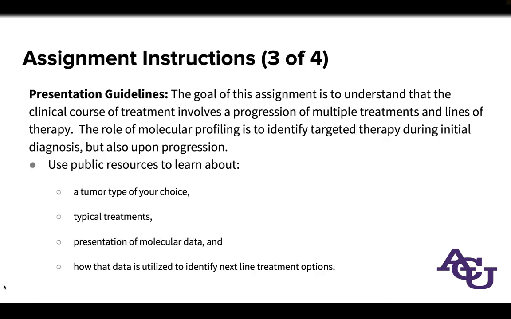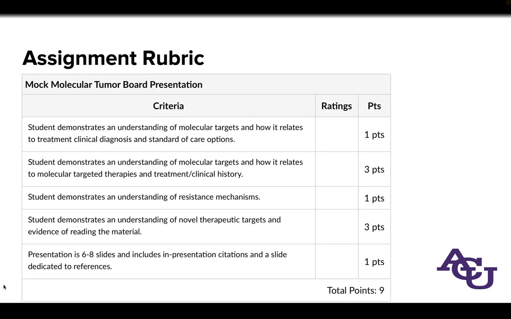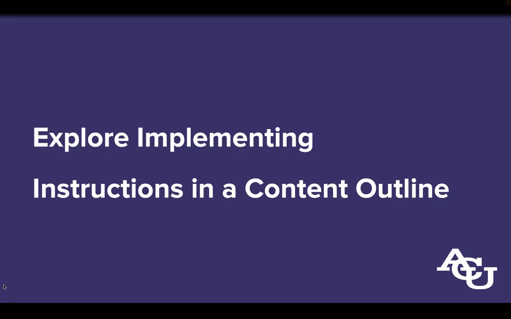So since you have 5 numbered points here, and you have 6 to 8 slides, if there's something that you're going to spend 2 slides on, I would recommend making sure that one of these things that gets the 3 points assigned to it is going to be one of those.